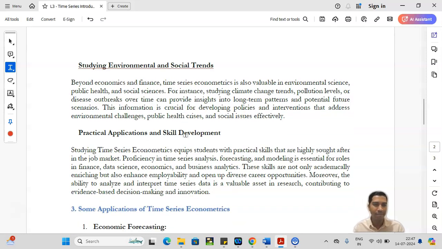Another is practical application and skill development. There are many reasons we can list for why we study time series econometrics, but I'm hoping that you get the basic idea.